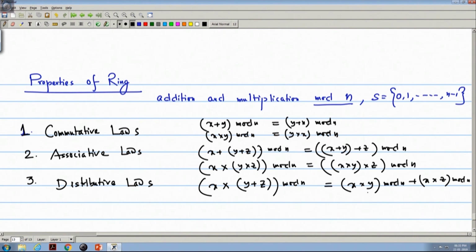Or I can write it together as this mod n, because it is the same as the multiplication rule over the additive rule. I can take this mod n and I can write x on that side also. So, that covers the distributive laws; we go to the next.